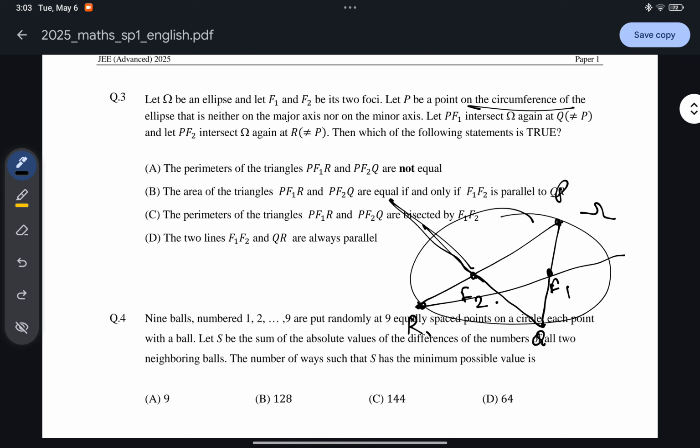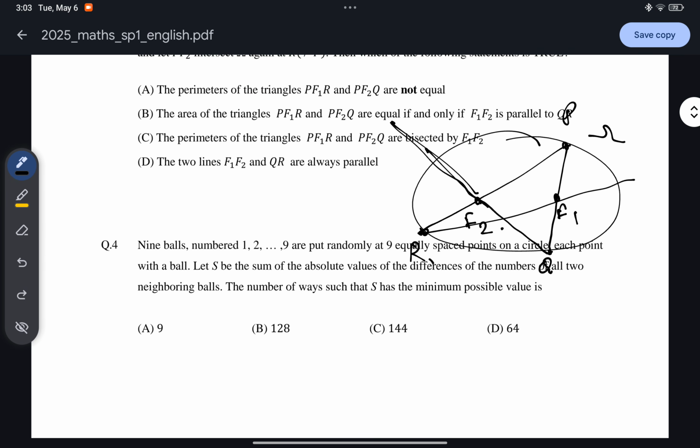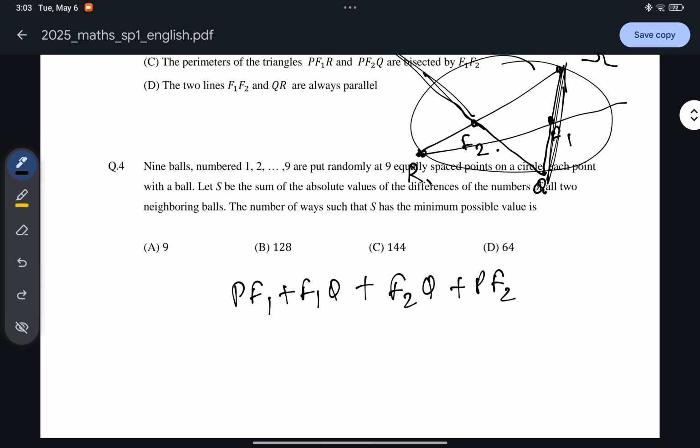So we have been asked the perimeters of pf1q and pf2r, so we need to just break this up like this: f1q plus f2q plus pf2. So when I look closely, I can write this as pf1 plus pf2 plus qf1 plus qf2.